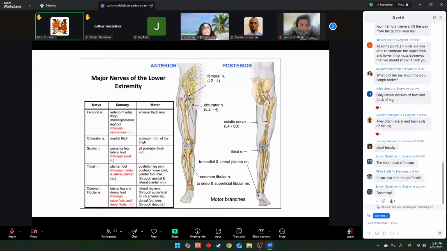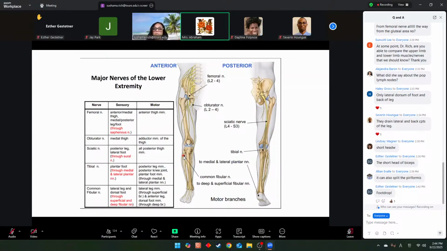Thank you. If we have a fibular neck fracture, will we also lose the sural cutaneous nerve, so sensation on the lateral aspect? If the fibular neck fracture knocks out the common fibular nerve, won't you also lose your lateral sural cutaneous sensation along the lateral aspect of the leg and foot?